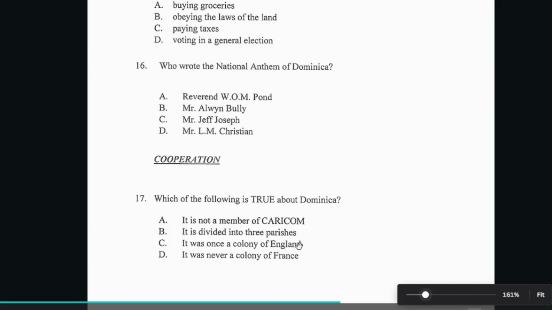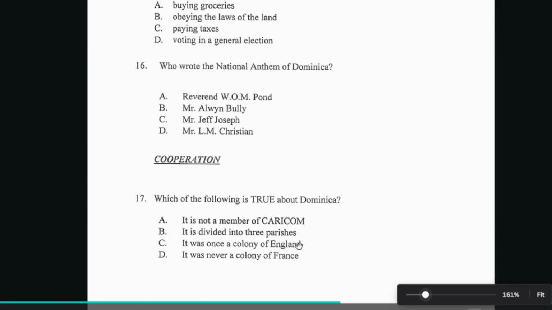Is it A, to ensure that the lines are not too long for the immigration officers? B, to make traveling easier for people within the region. C, to make the customs officer's job easier when searching travelers. Or D, to make CARICOM members feel like they are important.